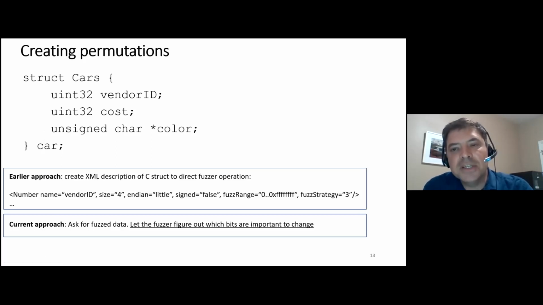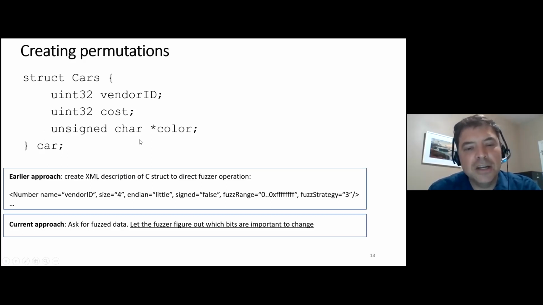So that's where fuzzing was 5-10 years ago. As I mentioned with AFL, now life got a little bit easier. We can just ask the fuzzer, give me fuzz data for this car object, and AFL will figure out all the different interesting bits to set and observe where it gets to in the program. And you didn't have to spend a week declaring all this stuff. So there's a lot of things that have made fuzzing easier to do today than it was in the past.